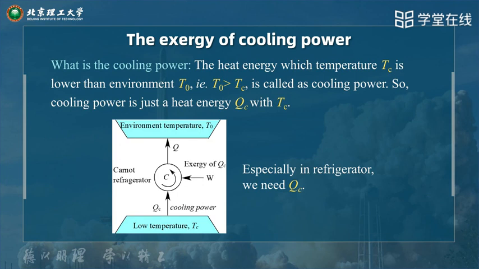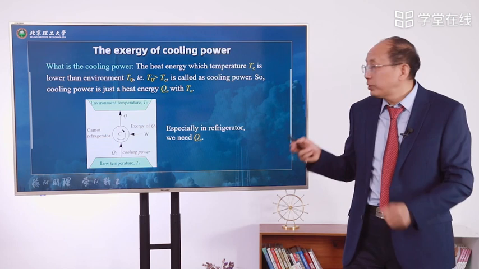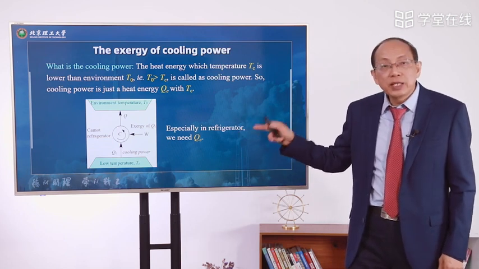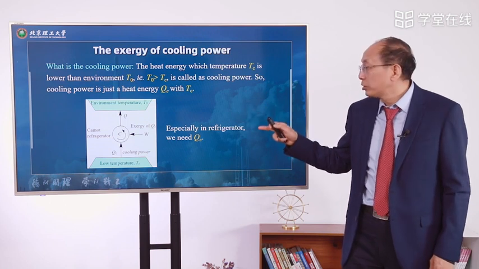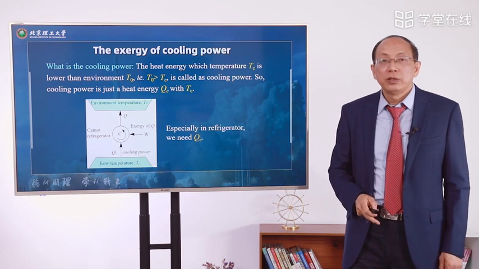For example, in this system, the high temperature reservoir is the environment at temperature T0, and the low temperature reservoir is at Tc. We obtain some energy Qc from the cold reservoir Tc. This part of the energy is called cooling power, so Qc is the cooling power.